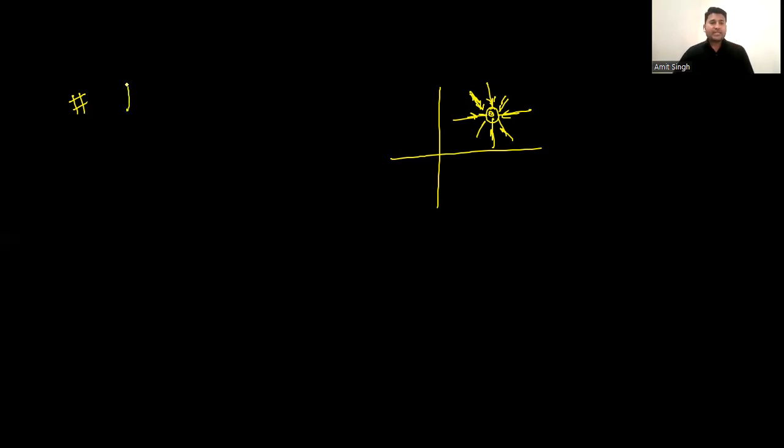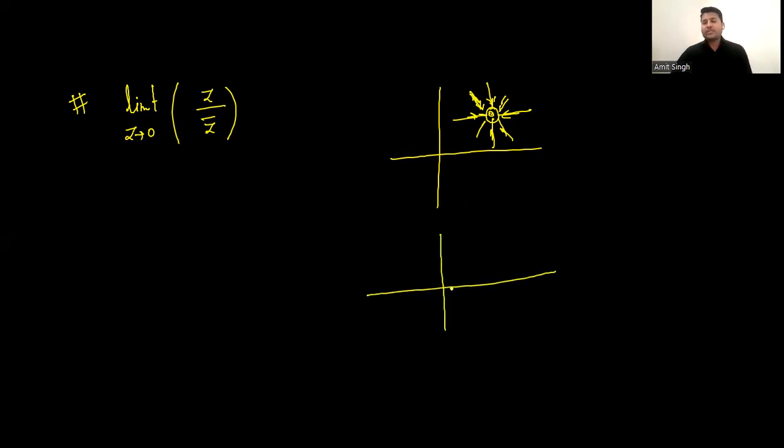The question is asking to find the limit as z tends to 0 of the function z over z bar. We need to find the limit at the point z equal to 0 for the function z over z bar. Now let us try to understand it. z equal to 0 means what? The point is z equal to 0, that is the origin.